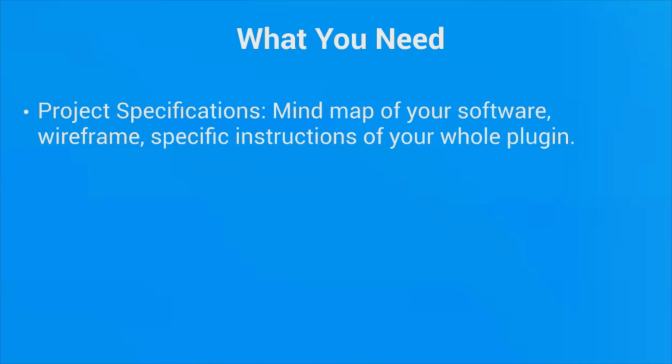All right, so here's what you need. You need project specifications already in hand, meaning you have instructions about your whole plugin. You're going to need to mind map your software, and you're going to need a wireframe which contains the user interface and all that information so that you can give that to the programmer.